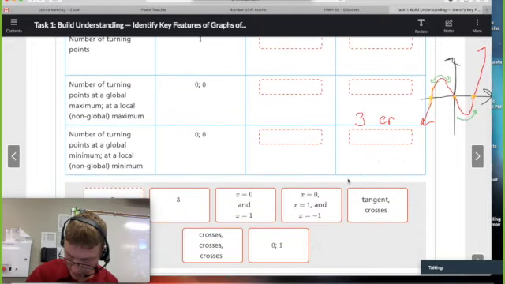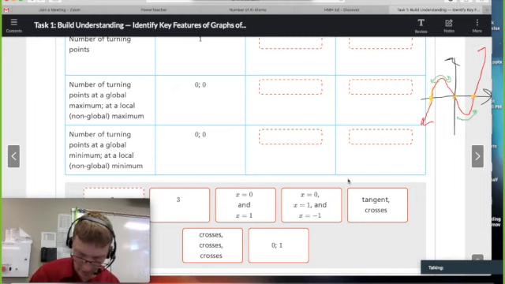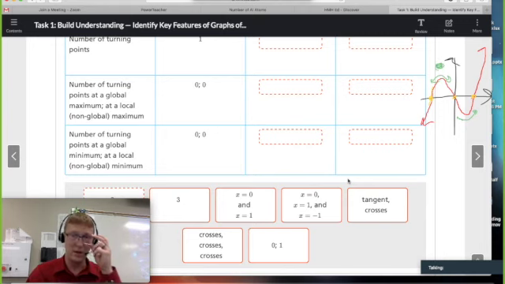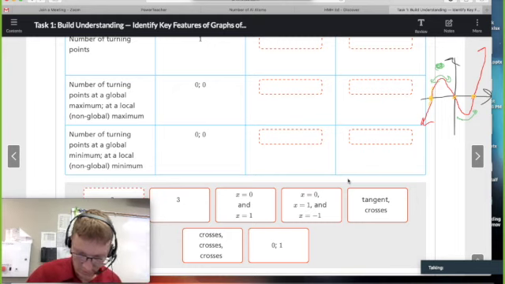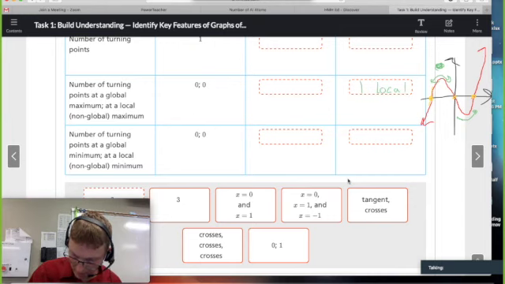So then when we go into number of turning points at a global minimum or a global maximum, again, this one up here is a global maximum. I'm sorry, a local maximum. So there's one local max, and then this one right here is one local minimum.